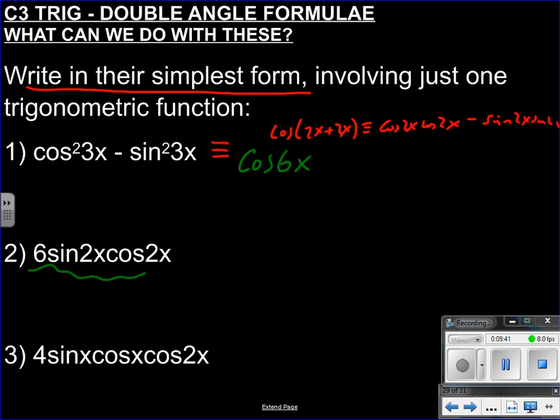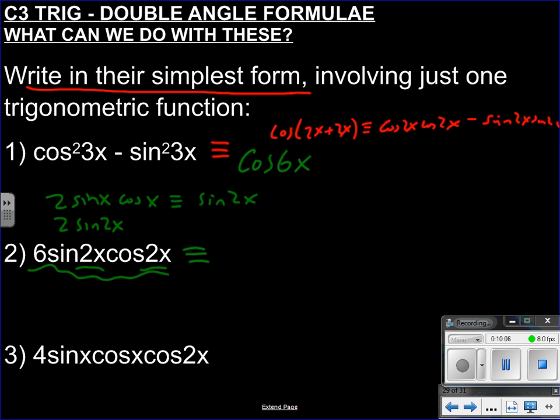Okay, let's look at this one. Can that be simplified down into a single trigonometric function? Well, hopefully you're saying that looks a lot like sine 2x, except the angles aren't x's, they're 2x's. So what happens?